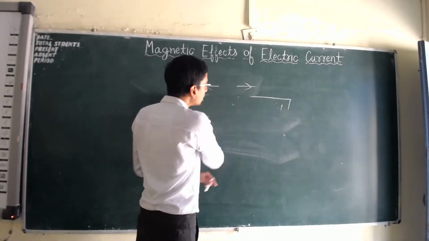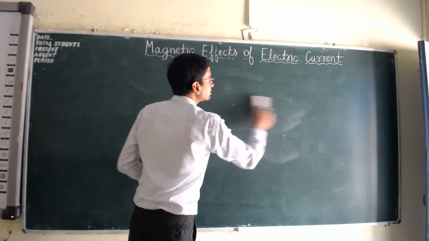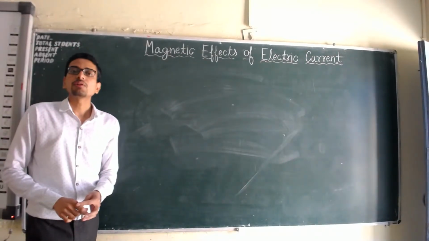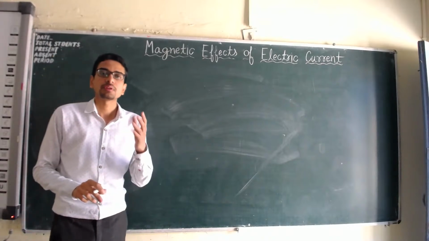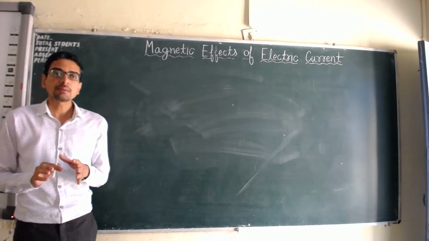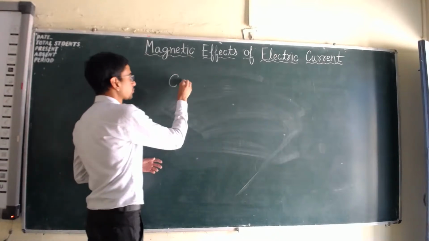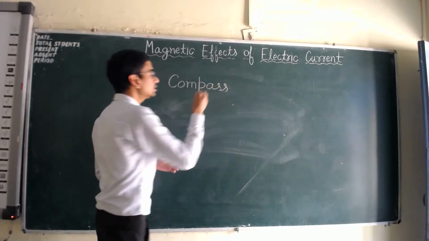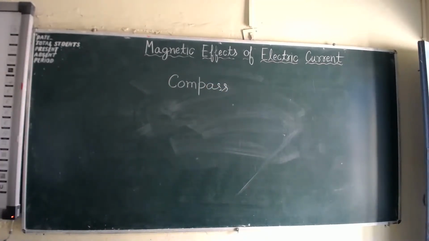Now there is a device which is used to detect or know the direction of north. There is a device which is called compass. What is a compass? If anyone knows, please answer.